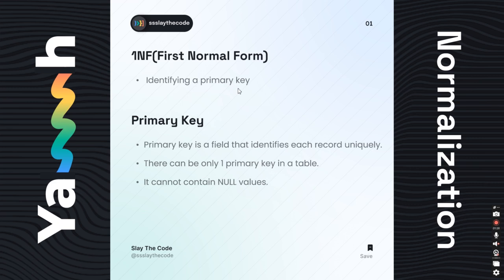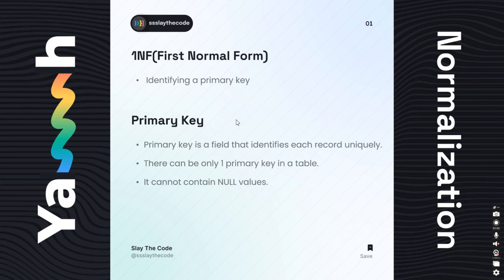If you don't know what a record is, go back to the previous videos and you will find everything about records, fields, tables and databases. A primary key identifies each record uniquely. A primary key is a field that identifies a record uniquely.